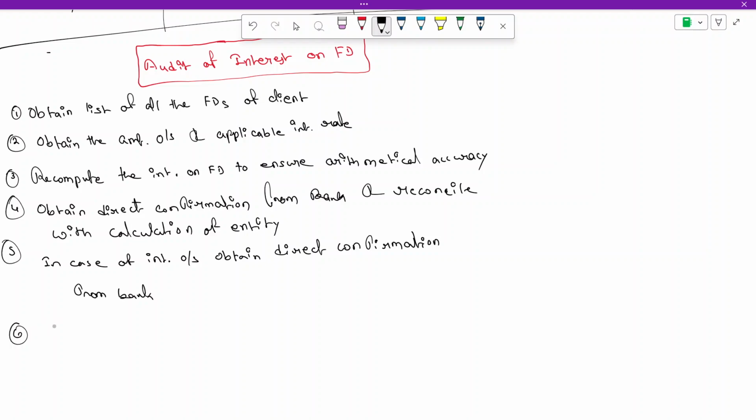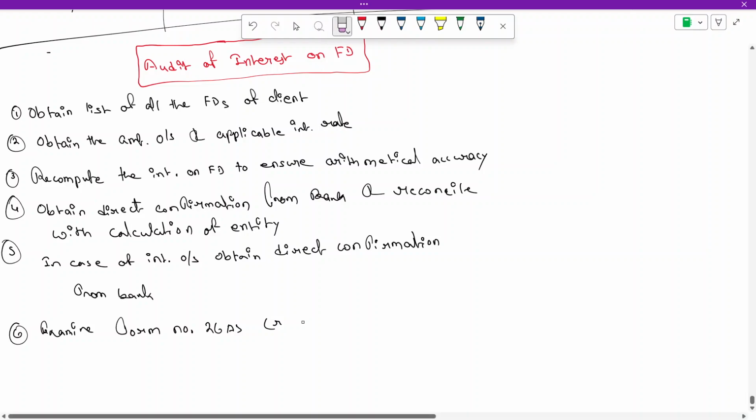And examine form number 26AS with regards to TDS deducted.